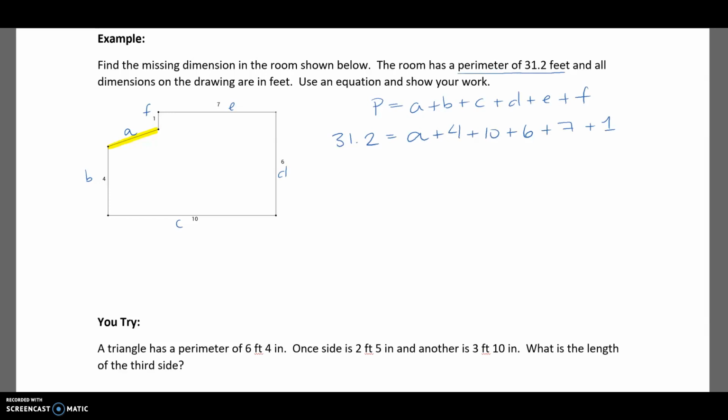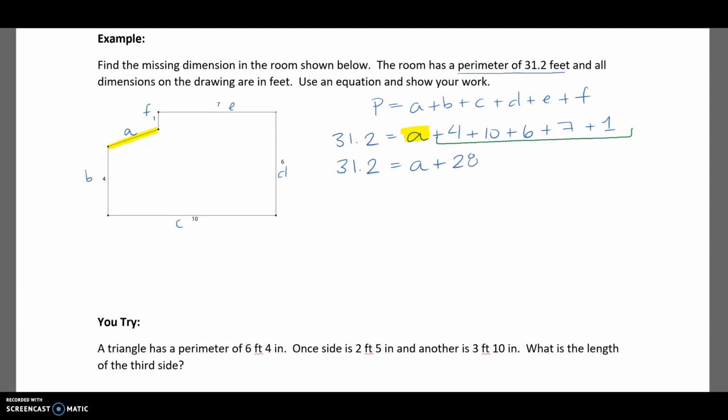Right now, we need to move all of these other terms to the other side of the equal sign so that we can get our variable A all by itself. To make that easier, I'll perform all of that addition first. So I still have 31.2 equals A plus, and if I add up all of those values, I get 28.